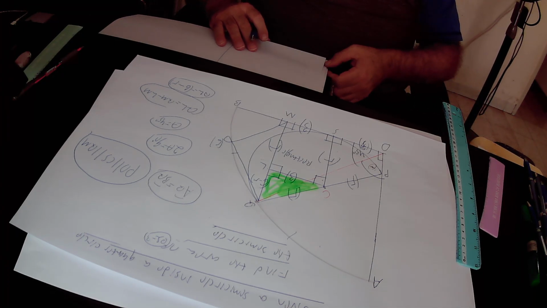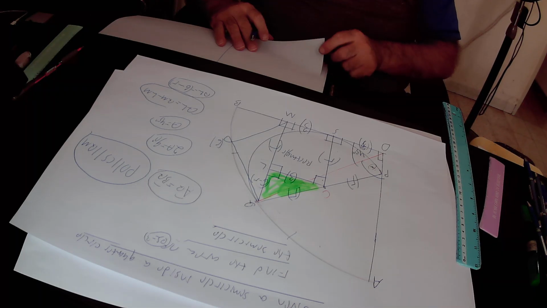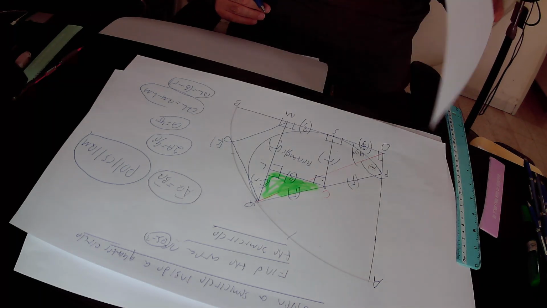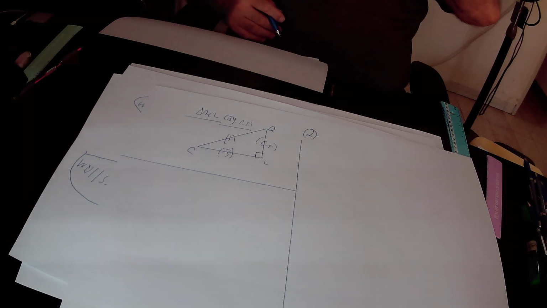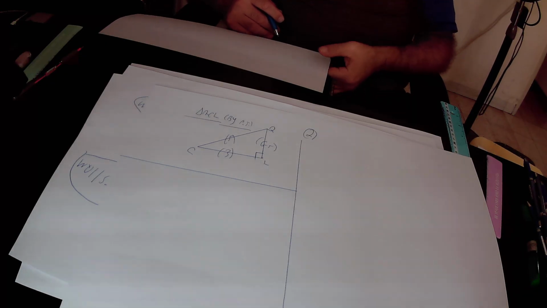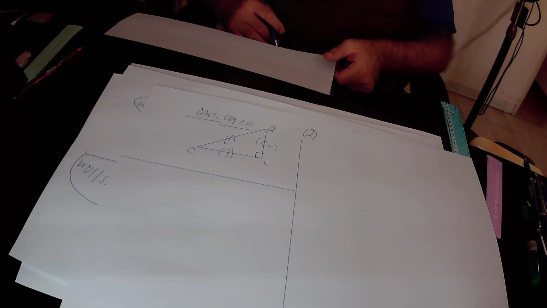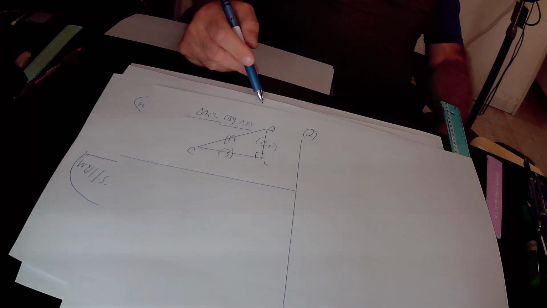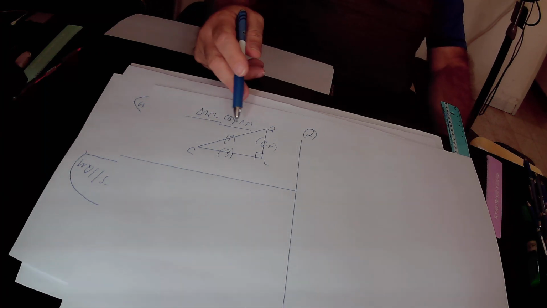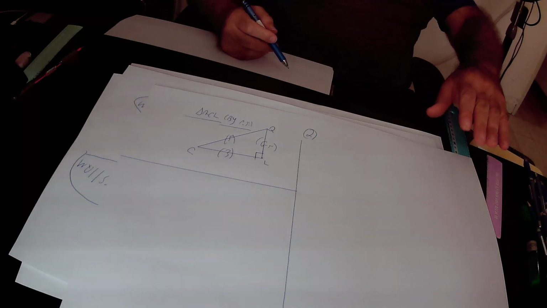So actually, this is right triangle QCL, taken from the original drawing. In this right triangle QCL, according to the Pythagoras theorem, QC squared, that is the square of the hypotenuse, equals QL squared plus LC squared. So I write it down.